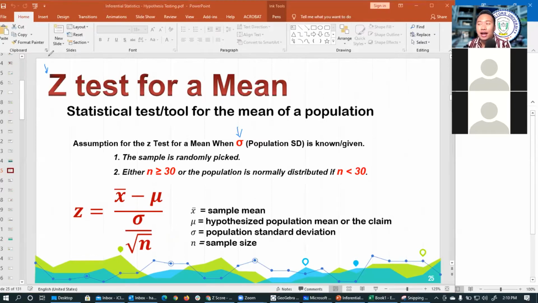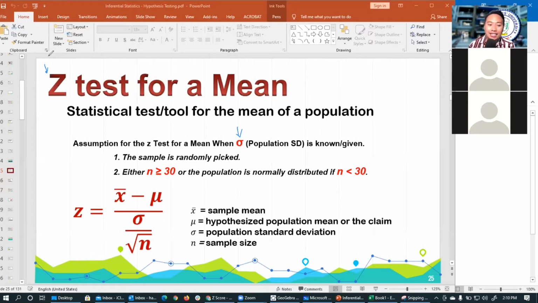Another supporting requirement for you to use the z-test for the mean: first, the sample is randomly picked. Second, the sample size n is either greater than 30, or if it's less than 30, the population should be normally distributed, meaning the population should follow the normal curve.